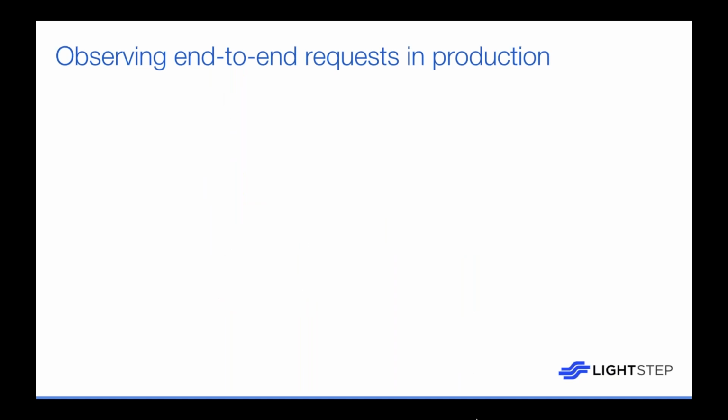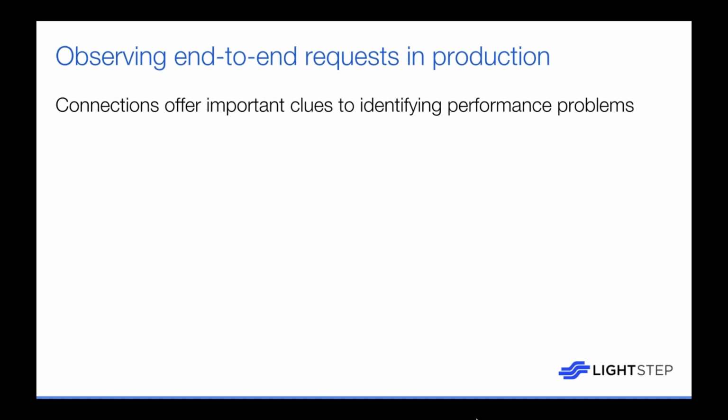assessing failures. So just to sum up from what we've talked about, observing end-to-end requests in production is really important. That's what distributed tracing buys you. And those connections between services give you some important clues and help you understand performance problems. They can tell you where failures occur.